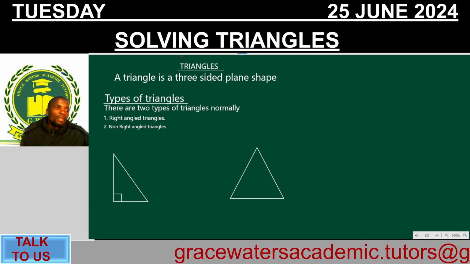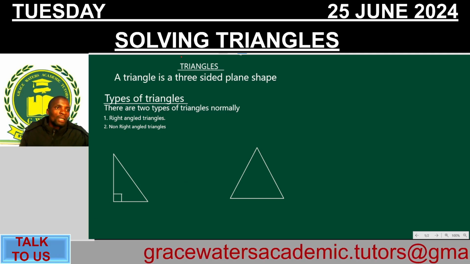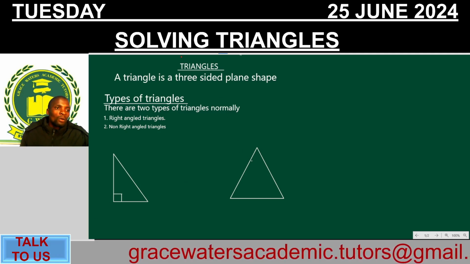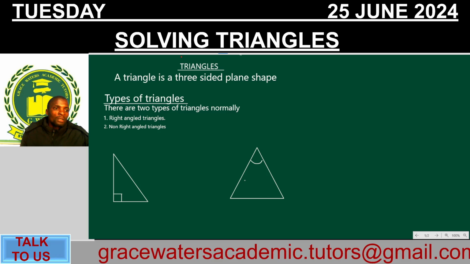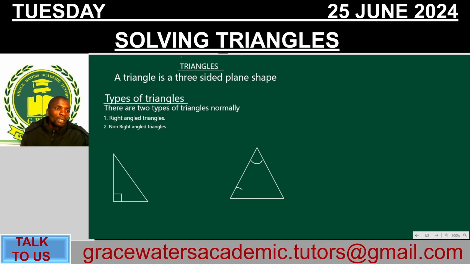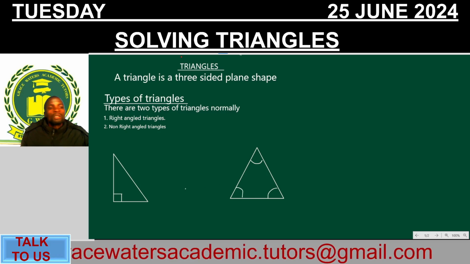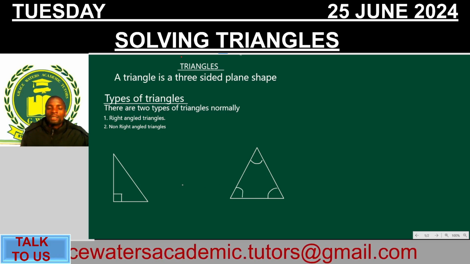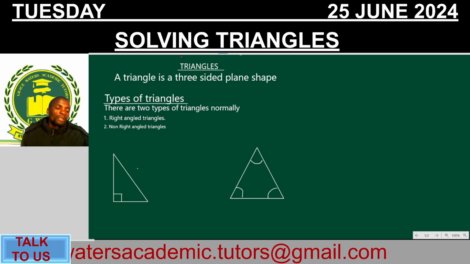See, this is the difference. But if you look at a non-right angled triangle, you'd find out that all of the angles are curved. There is no 90-degree angle here. So this is the difference between a right angled triangle and a non-right angled triangle, and that's how you differentiate them.